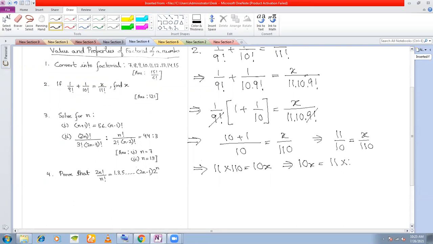That means x is equal to 11 into 110 divided by 10. This cancels, you get 121 as your answer. So the value of x is 121. Clear with this problem? Can I move on to the next one?